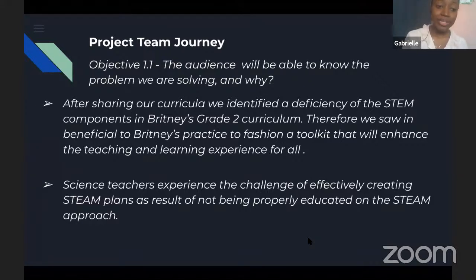So first of all, we're looking at the problem that we are solving and why. What happened is that after sharing our curricula with each other, we realized that there was a deficiency in Brittney's, one of our team members. She's a grade 2 teacher, and the curriculum that she uses in her school was lacking in STEM components.